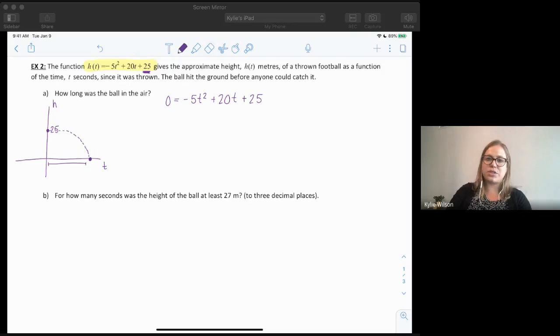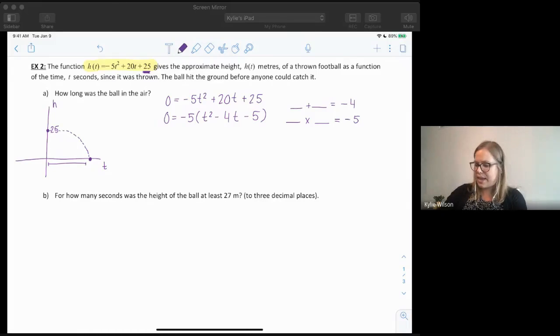Second, I'm going to try to factor this equation. The first thing I do is common factor, so I can take out that negative 5, like this. And now I can continue to factor the stuff in the brackets. So two numbers that add to negative 4 and multiply to negative 5.